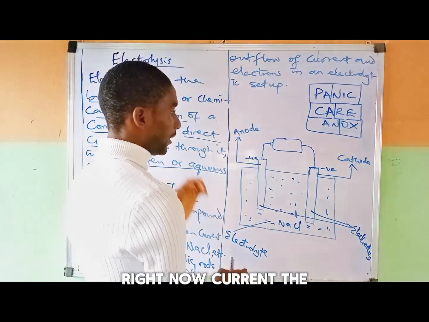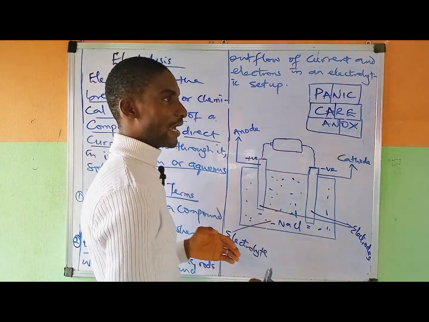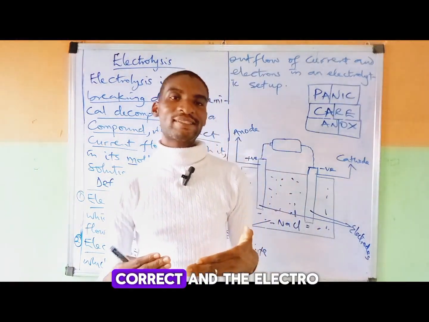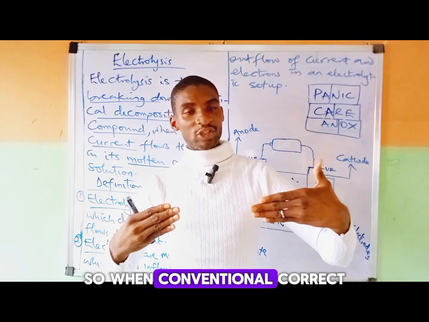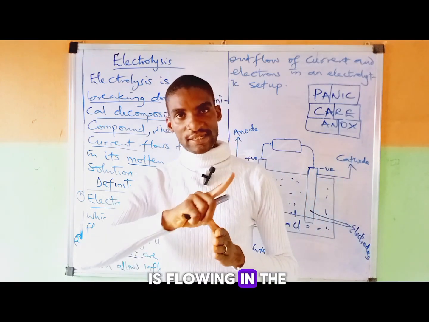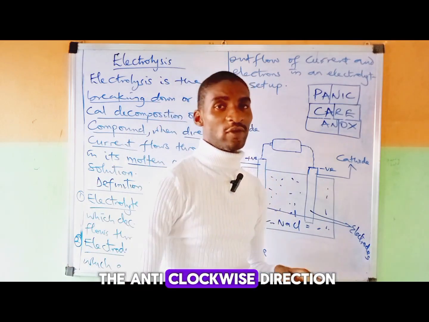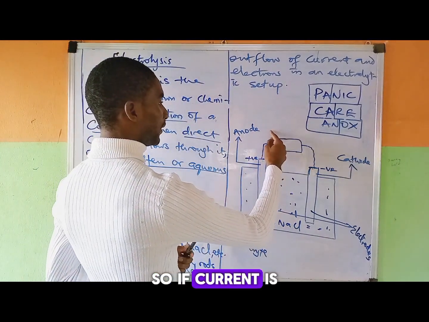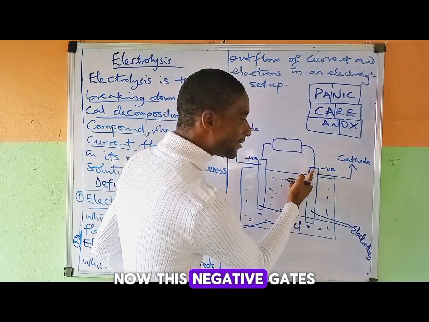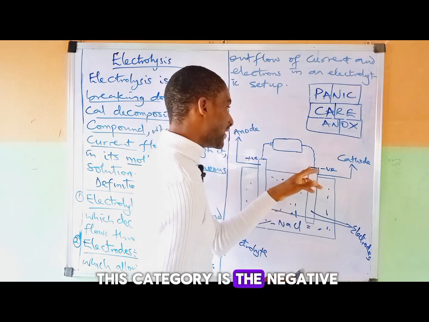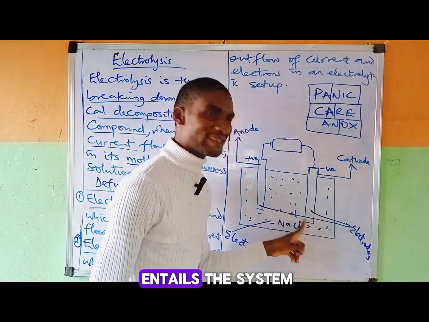Now, the current flows in. Note this: the current and the electron flow in opposite directions. When conventional current is flowing in the clockwise direction, electrons flow in the anti-clockwise direction. This cathode, the negative electrode, is the negative gate through which negativity enters the system.